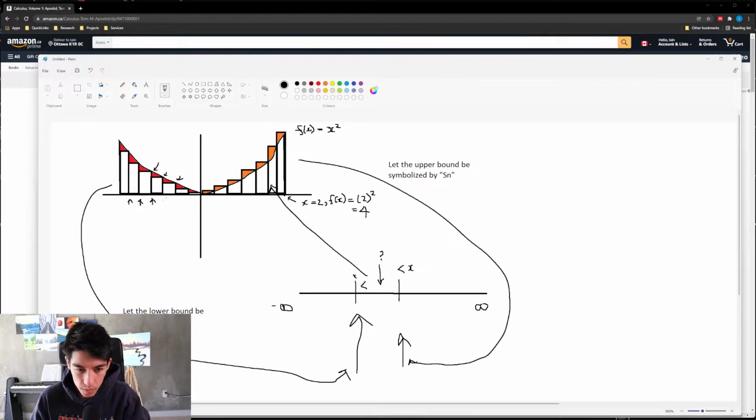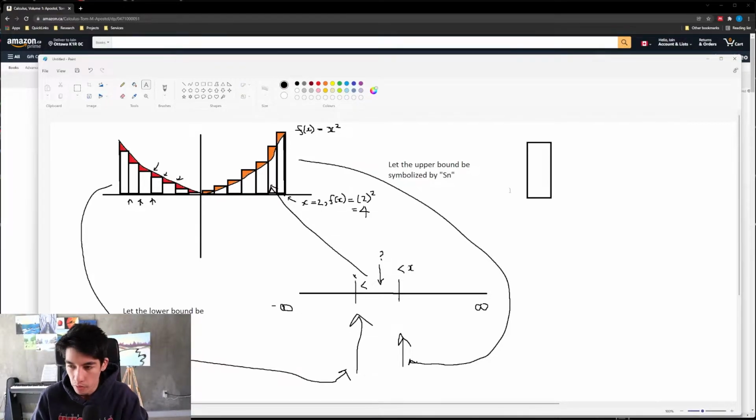In general, what we're trying to do is figure out the area of that rectangle. And in order to calculate the area of this rectangle, we need to know the length and the width of it, right?